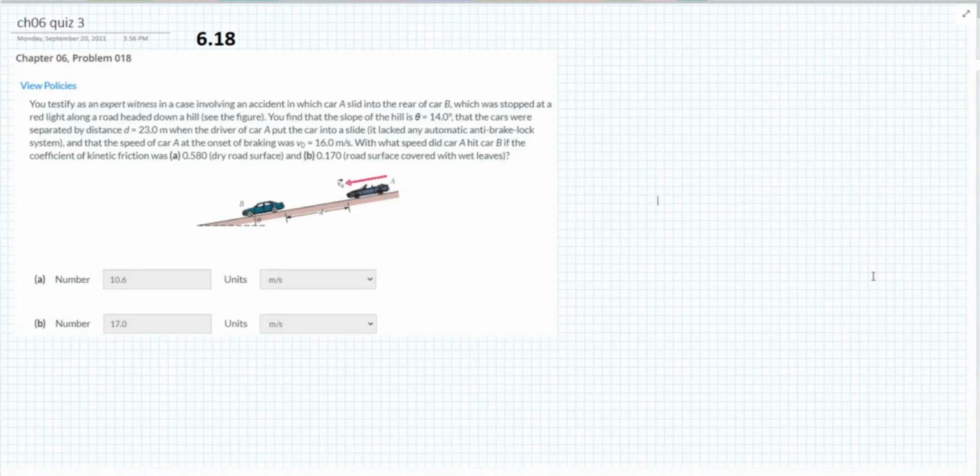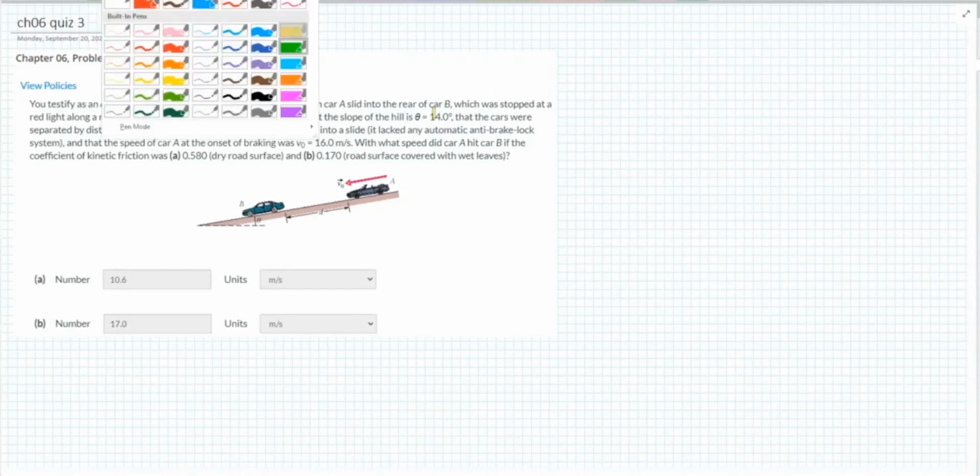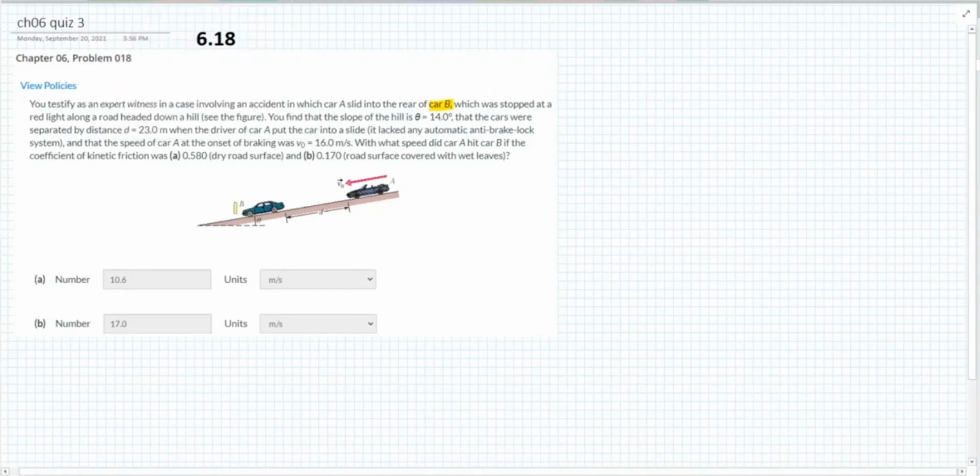This blue car slides into car B because why? Car B, which is this green car, is sitting here stopped at a red light, perfectly motionless. You're driving this blue car, car A, and then all of a sudden you see that the green car is sitting there stopped.